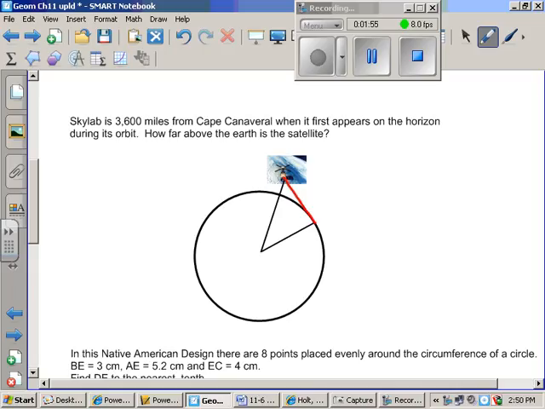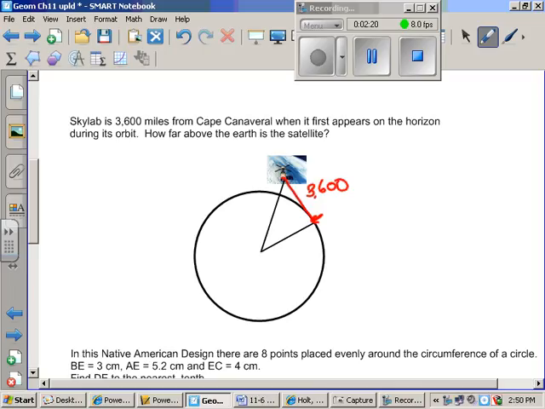They said Skylab is 3,600 miles from Cape Canaveral when it first appears on the horizon. So the distance from Cape Canaveral right here to Skylab is 3,600 miles. How far above the Earth is the satellite?